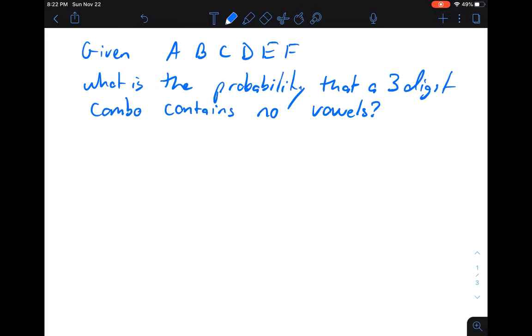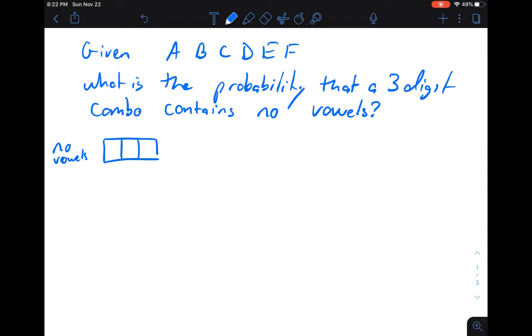I'm going to show you 2 ways of solving this. One way you could solve it is with boxes. Let's figure out how many ways I can make a combo with no vowels. I basically have 3 boxes to fill in for my 3-digit combo.